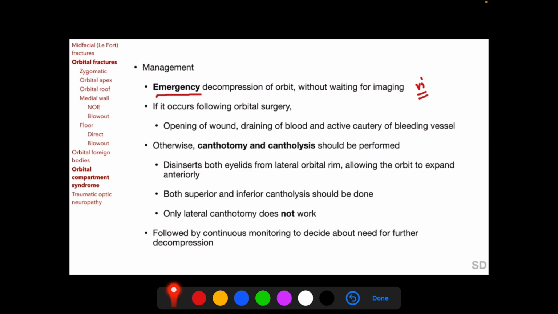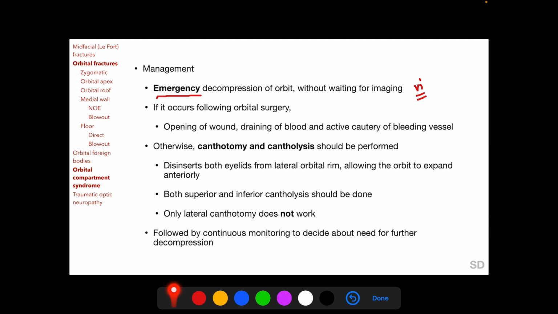Otherwise, such as in a situation of an orbital compartment syndrome following retrobulbar anesthetic injection, a canthotomy and a cantholysis should be performed immediately. Canthotomy and cantholysis disinserts both the eyelids from the lateral orbital rim, thus allowing the orbit to expand anteriorly.